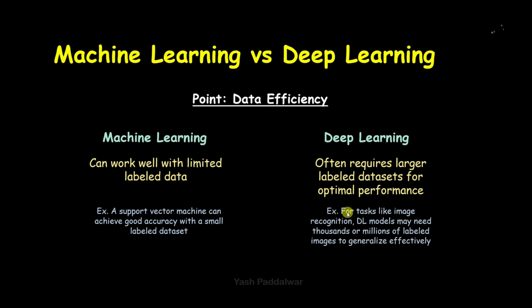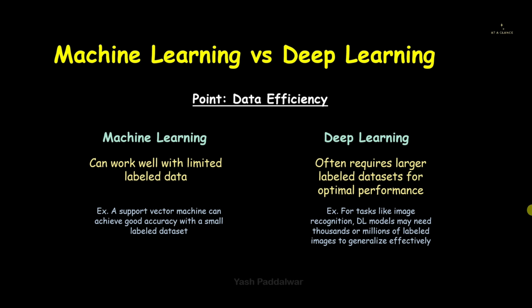If a small amount of data is fed into a deep learning system, then it won't achieve optimal performance. For example, for tasks like image recognition, deep learning models may need thousands or millions of labeled images to have a generalized model that is effective even if complex structures are present inside the images. So I hope the difference between ML and DL with respect to data efficiency is clear to you all.